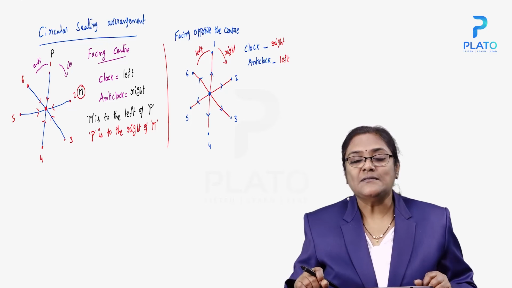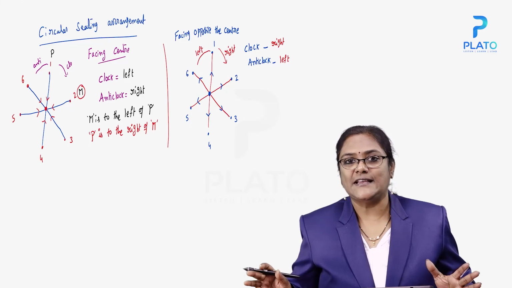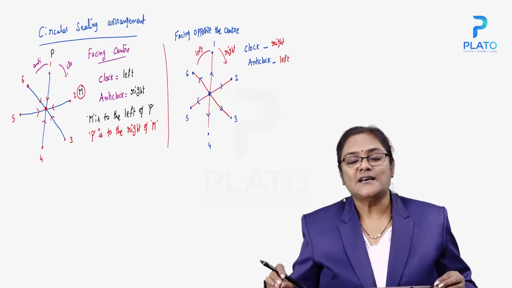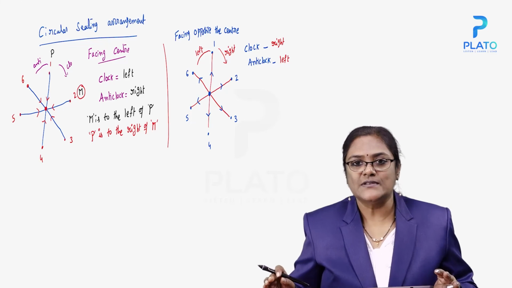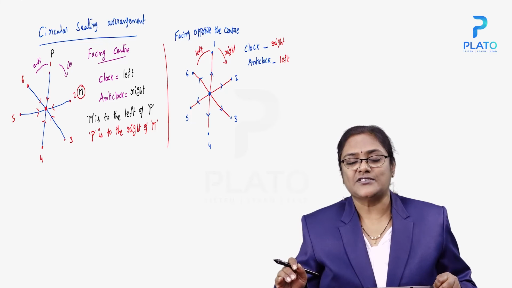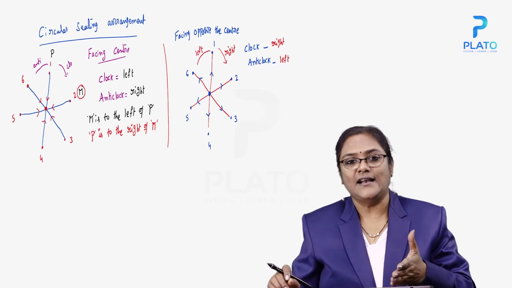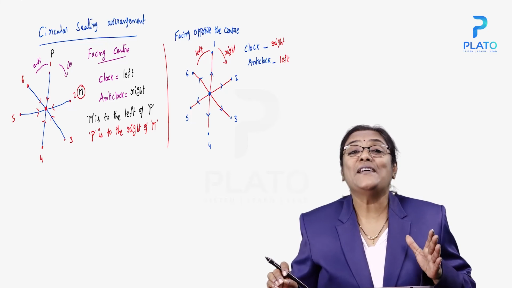Now, sometimes you will be given that 6 persons are facing opposite the center. As you know, clock is right and anti-clock is left. Even if you think clock is left and anti-clock is right, it is also not a problem. Why?